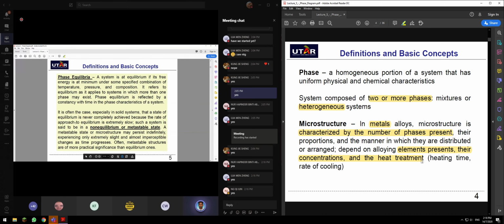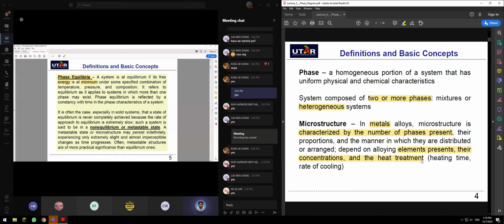Okay, microstructure. Now, phase equilibria. When you look at phase equilibria, the keyword that I'm looking into is minimum energy. It means that a material is in a stable state, at minimum energy level. Remember previous lecture, minimum energy level, steady state.